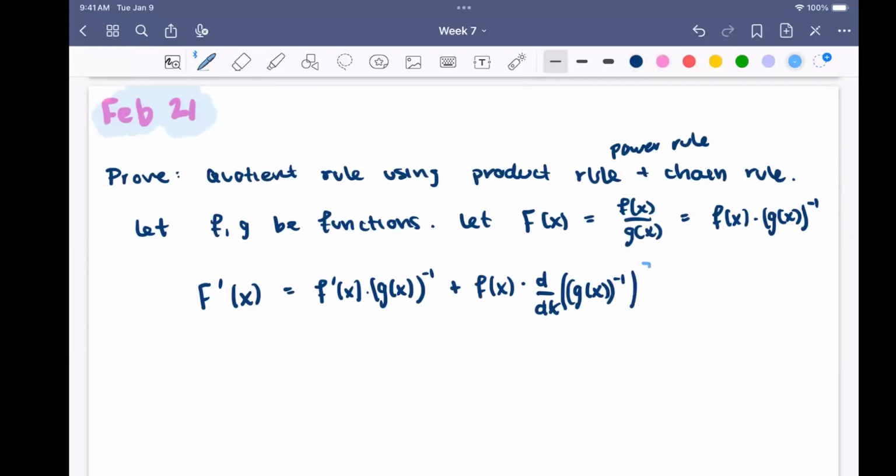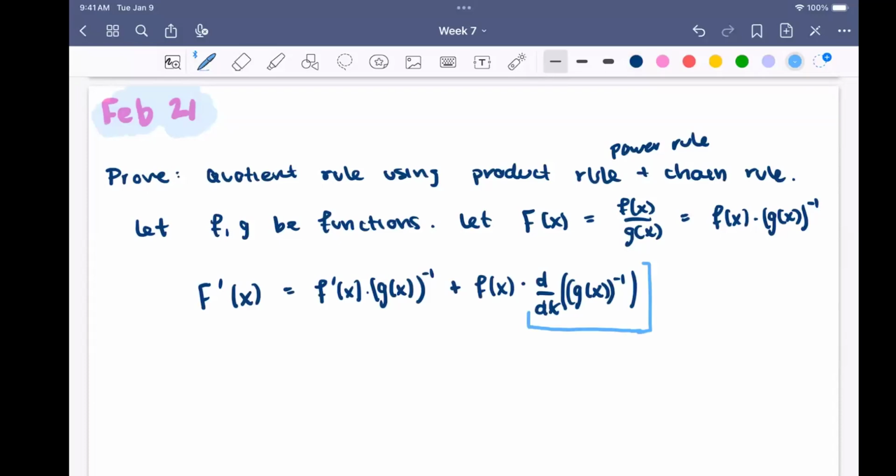Off to the side, let's find the derivative of this thing. By the power rule, multiply this by -1, subtract 1 from the power, and then by the chain rule, I also have to multiply by the derivative of whatever was inside that function.